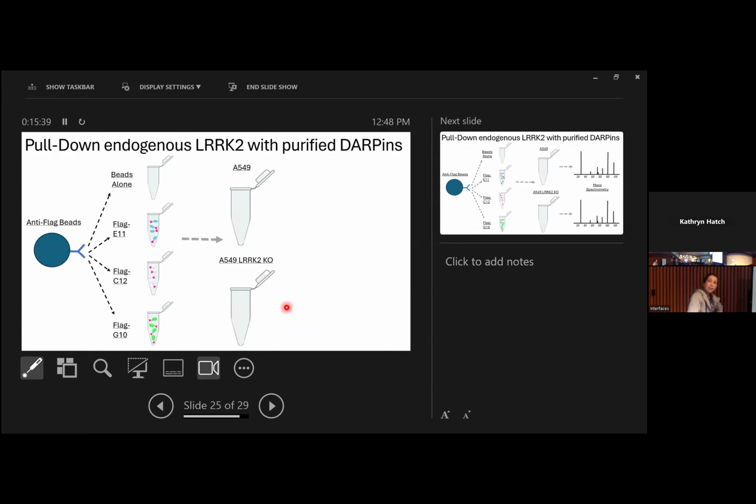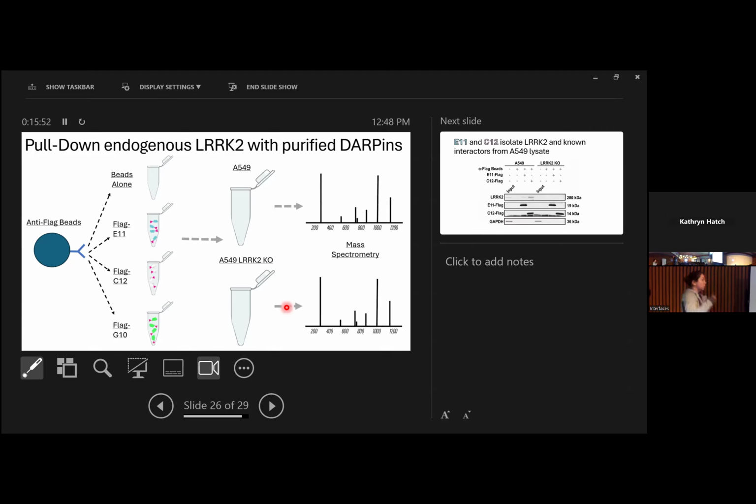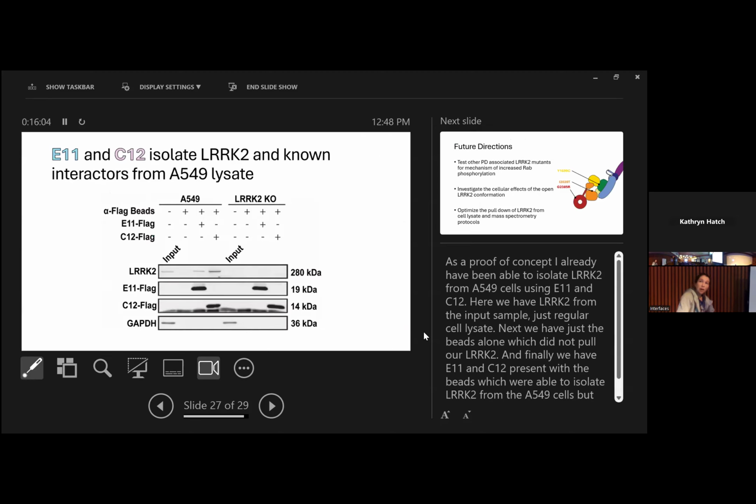Those are then added to either our A549 lysate, which has high levels of endogenous LRRK2, or LRRK2 knockout lysate, and I then use a magnetic strip to isolate the DARPins, which should isolate LRRK2, and I send it off for mass spectrometry to see what proteins come out with LRRK2. So far, I've been able to validate this using Western blot and mass spectrometry, but it's easier to show you the Western blot for now.